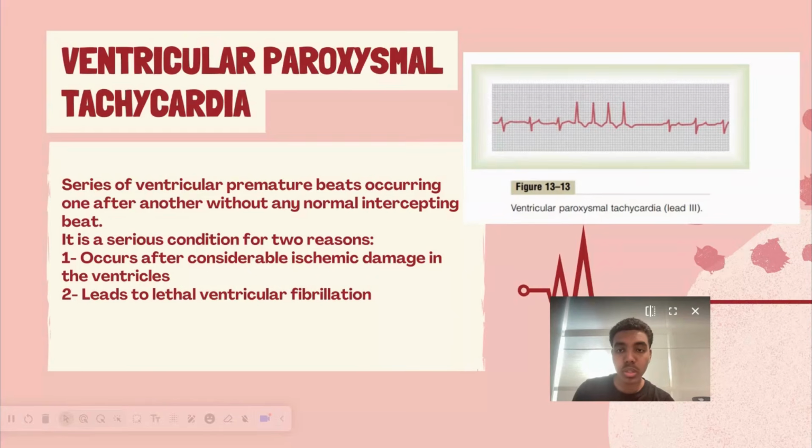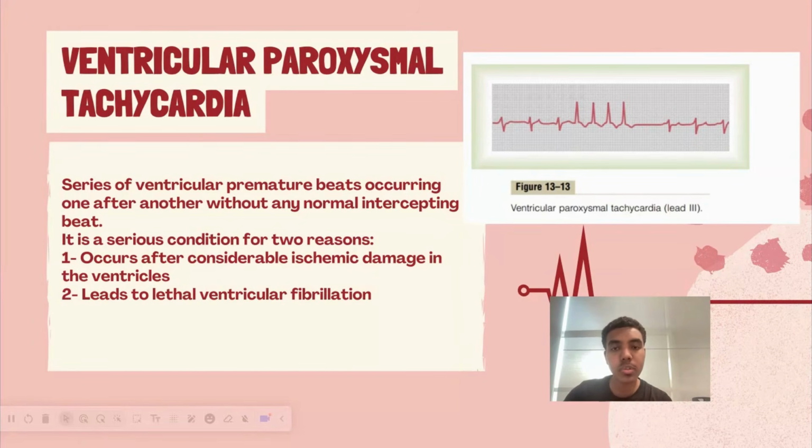Ventricular paroxysmal tachycardia. What happens here is that you have a rhythm disturbance where the ventricles fire rapidly due to abnormal electrical signals, producing a series of premature beats without any normal, healthy beats interrupting them.